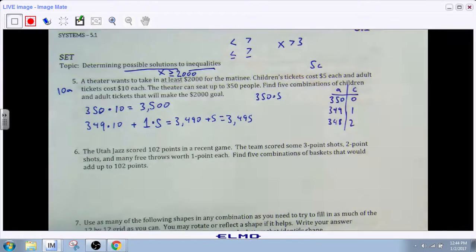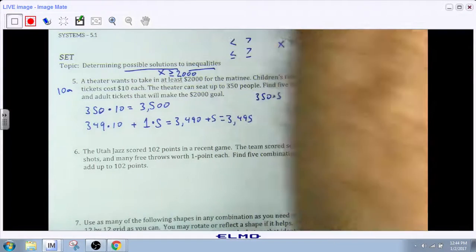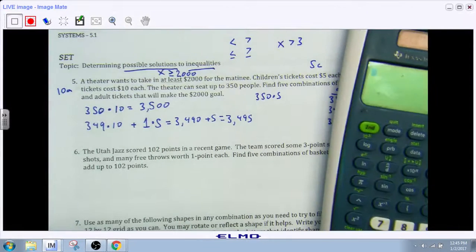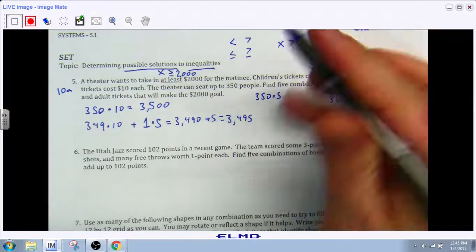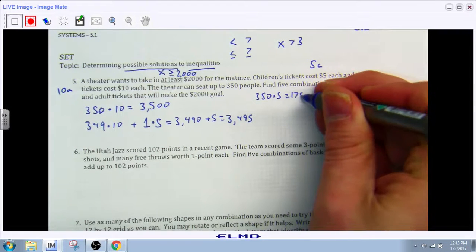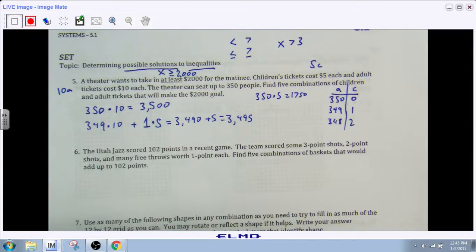Can you imagine 350 children without a single adult nearby? Oh my gosh, it'd be like CMC without the teachers. So if we do 350 times 5, we end up with 1,750. So we couldn't even do this anyway. This doesn't meet our goal. If we just filled it with children for $5 a piece, we wouldn't make the amount of money that we wanted. So the interesting thing comes in trying to figure out where that is.